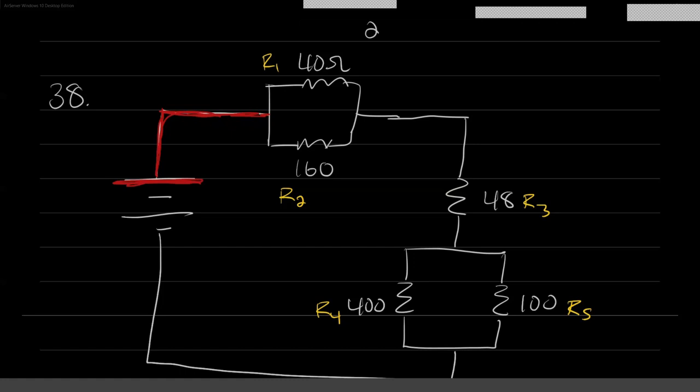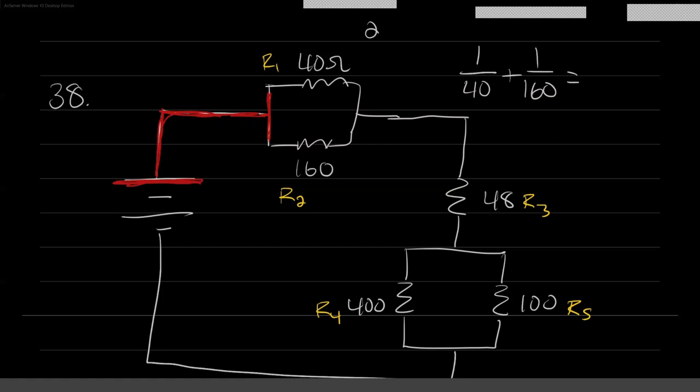So because the current splits here, that means we must be in parallel. So we know these are resistors. So to add resistors in parallel, you do 1 over each value added together. So 1 over 40 plus 1 over 60.